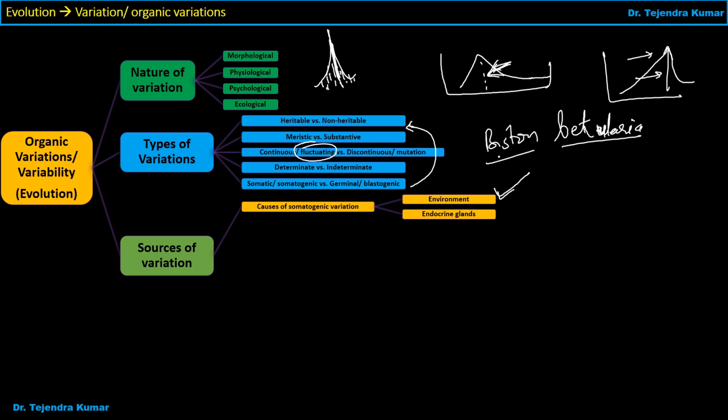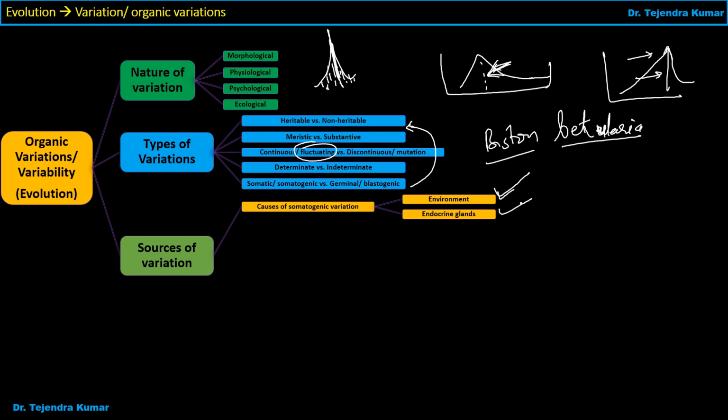Similarly, organisms living in mountain areas are bigger than those living in desert, dry areas, or plain areas of the same species. We are talking about the same species. If they are living in these different types of environments, their body structure and everything will be different. Second is the endocrine gland.